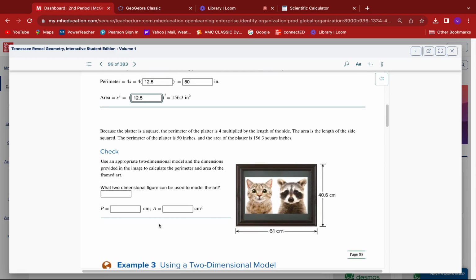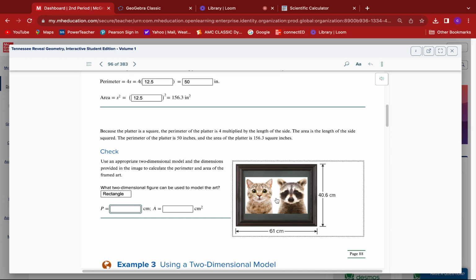So what's going on here? I see that this is a rectangle. You've got your base, you've got your height. For perimeter, you're going to add up all 4 sides. We're going to add 61 with the 61 and the 40.6 with your other 40.6. 61 plus 61 plus 40.6 plus 40.6.